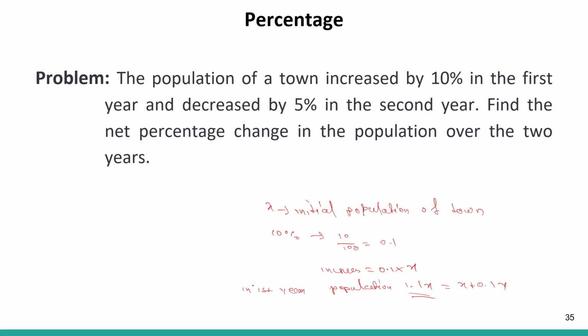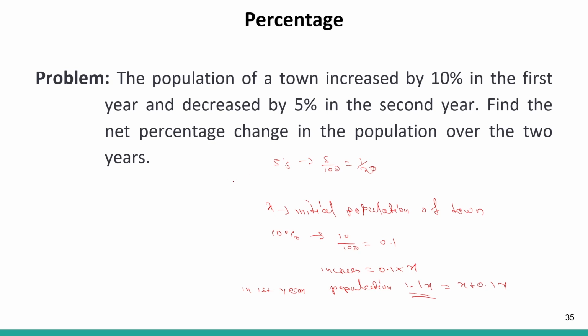So let's see 5%. So 5% in decimal is 5 by 100. That is equal to what? 1 by 20, right? So what we have right now is we have 5% of the amount of population at the start of second year.